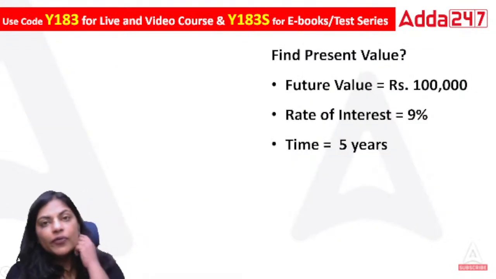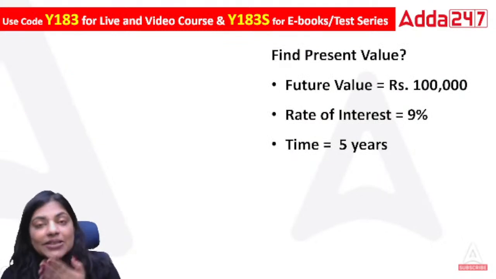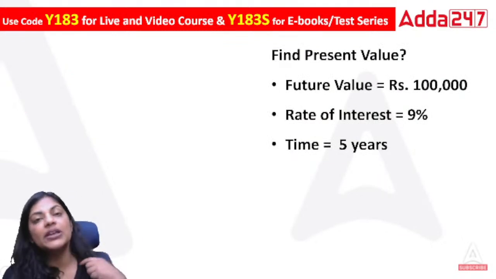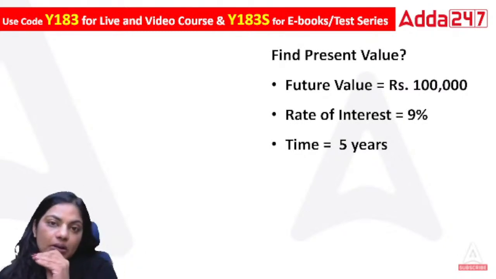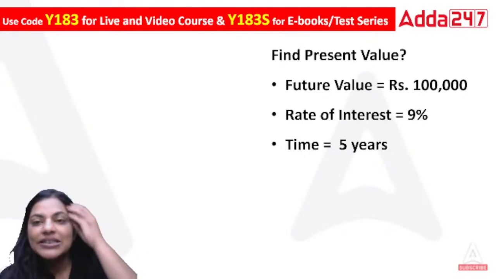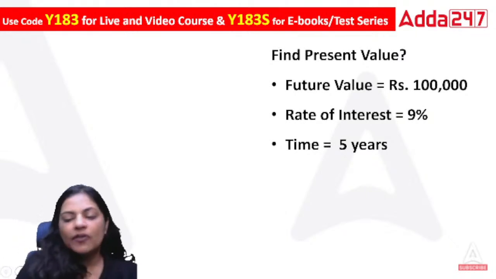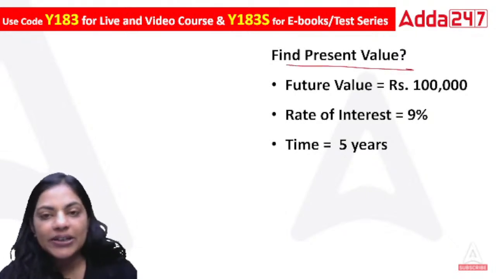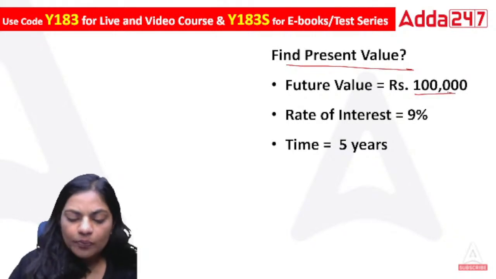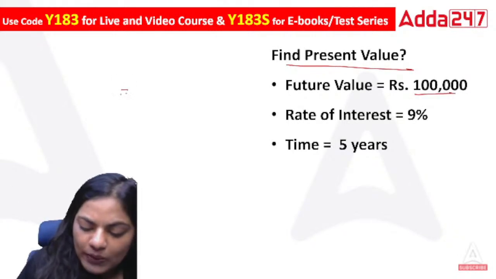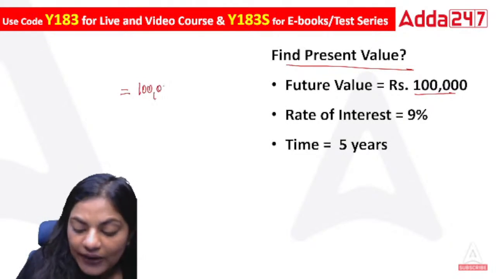So when we move from present to future, we call it compounding. From present to future, it is compounding. From future to present, it is discounting, right? Now, a very basic question, you're required to calculate the present value when future value is given as 1 lakh. So you know that you want 1 lakh rupees after 5 years.